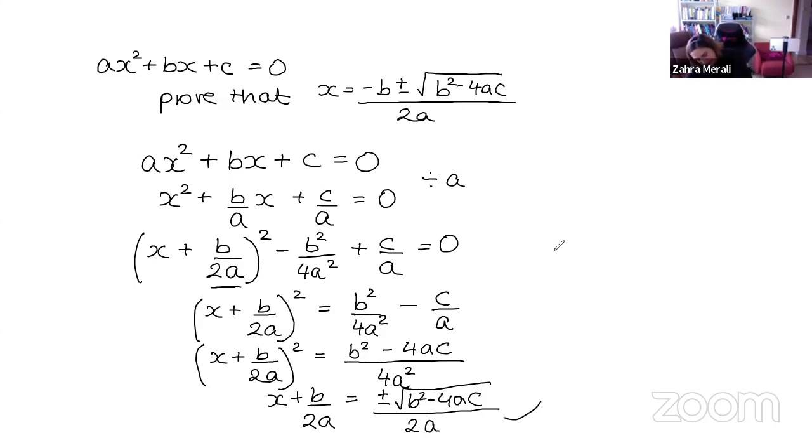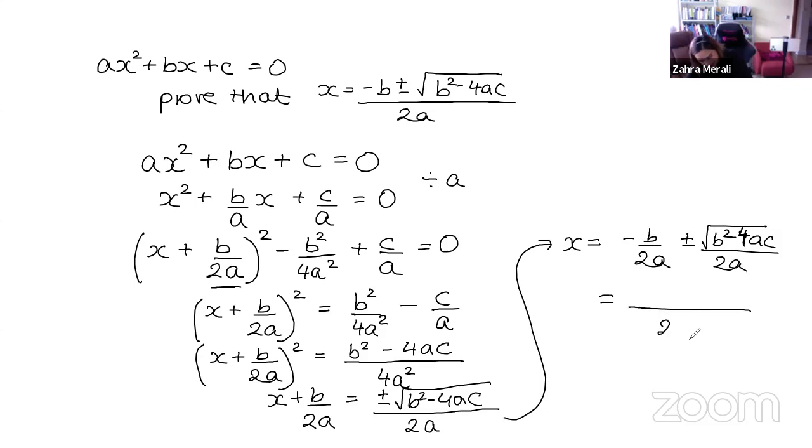And then x is therefore, bring the b over 2a to the other side, plus or minus the square root of b squared minus 4ac over 2a. Because the denominator is the same, I can put that all together, and I end up with my quadratic formula. So I know we looked at this briefly when we looked at proofs, but it's quite nice to see again when we're talking about completing the square.